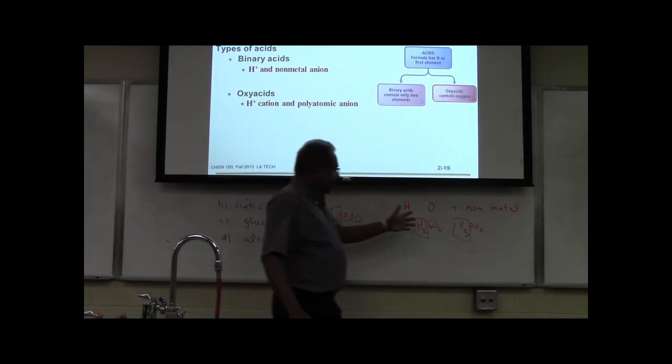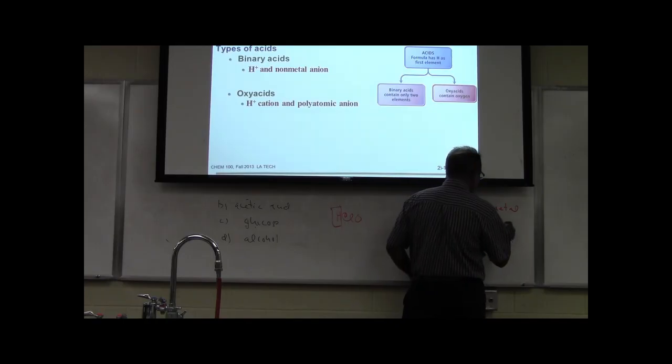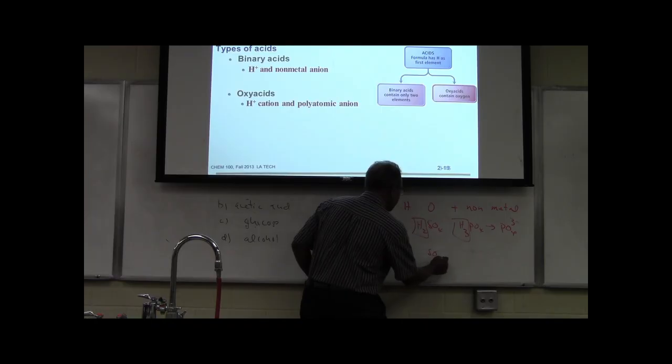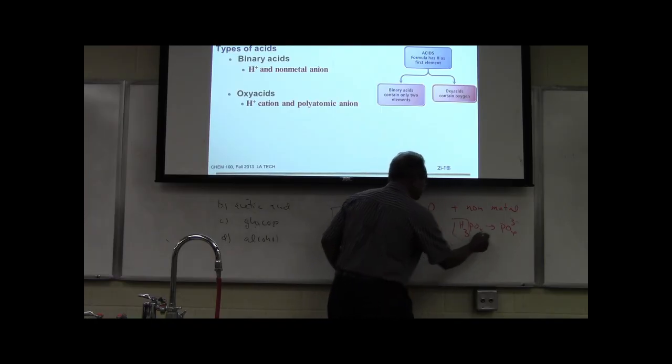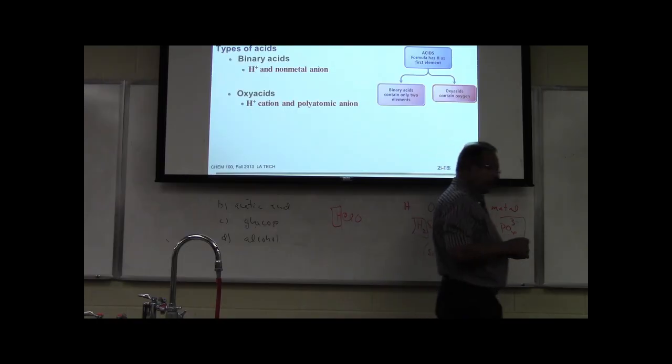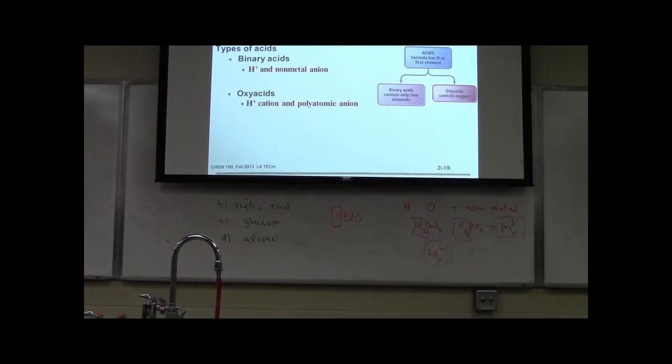This one gives phosphate ion. This one gives sulfate ion. Remember we talked about hypochlorous acid, chlorous acid, chloric acid, perchloric acid. All right, so like that.